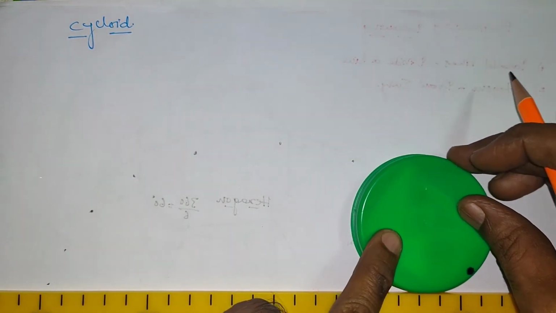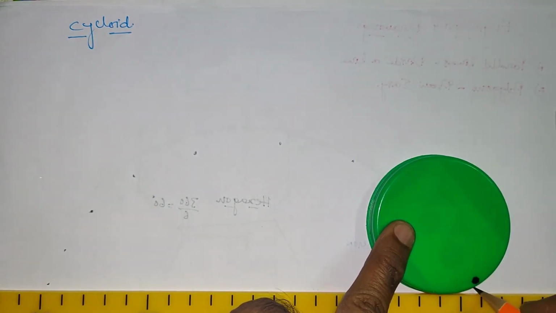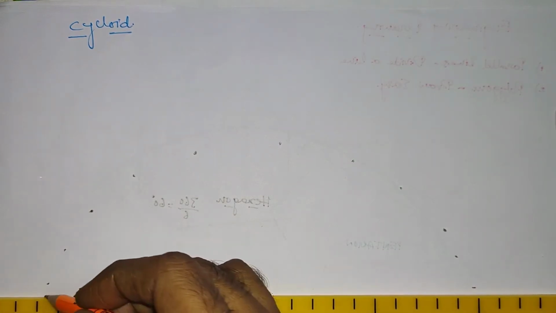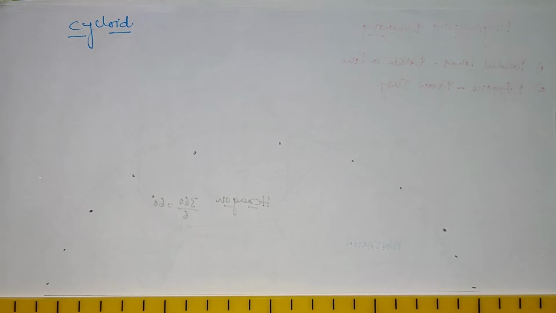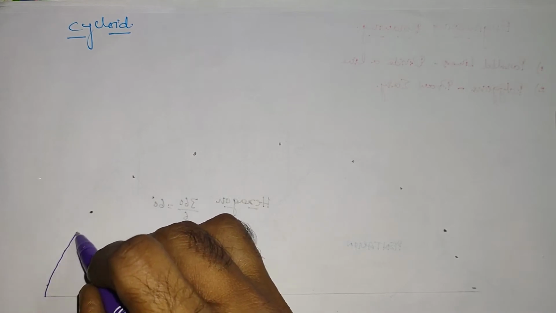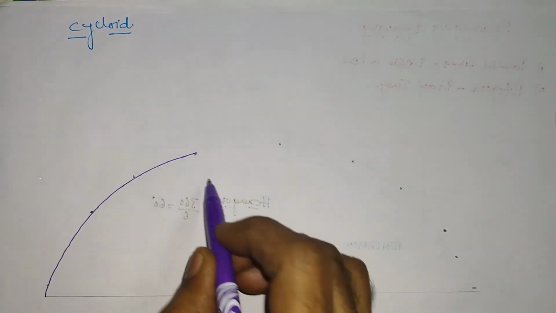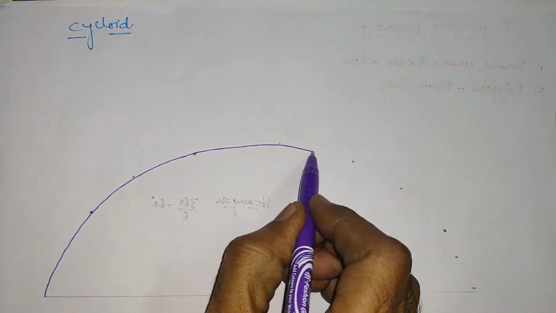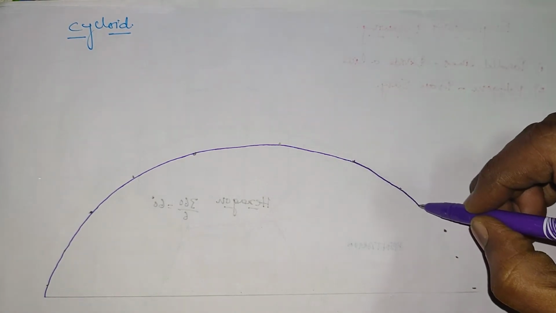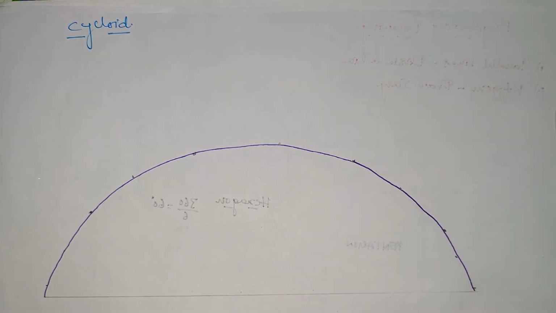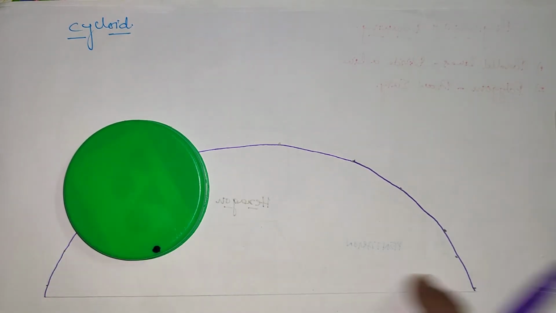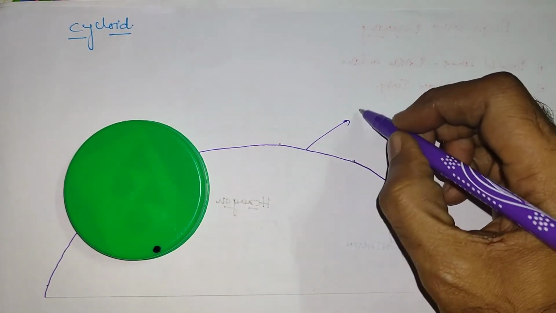So this is one complete revolution, and when all these points are joined with a smooth curve, the path traced by this point lying on the circle when the circle rolls along a straight line without slipping is known as cycloid.